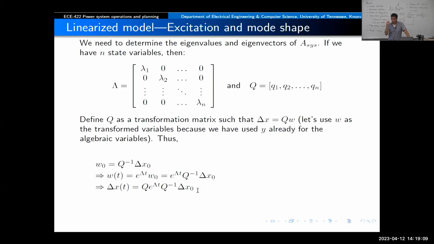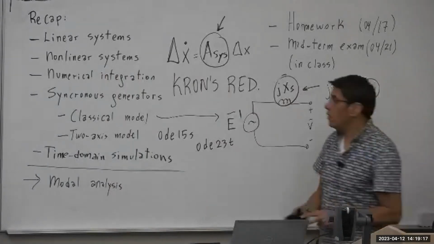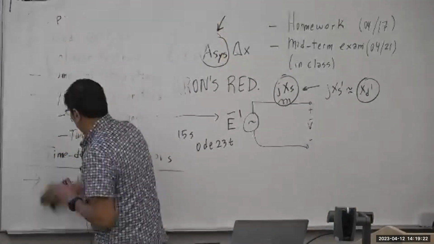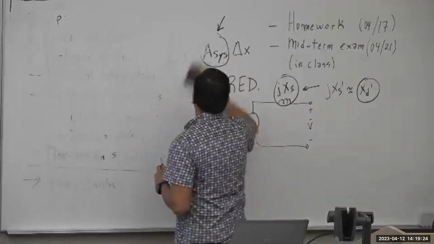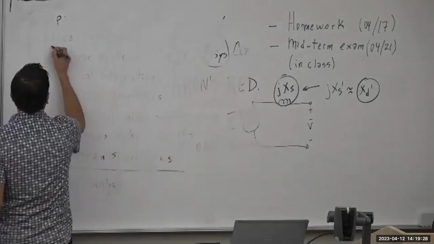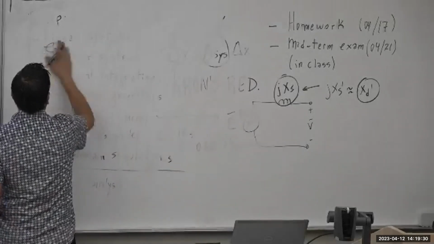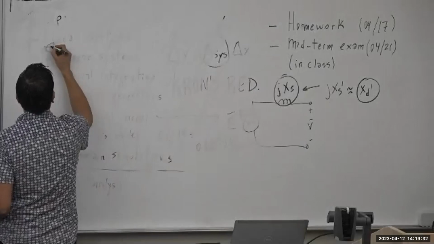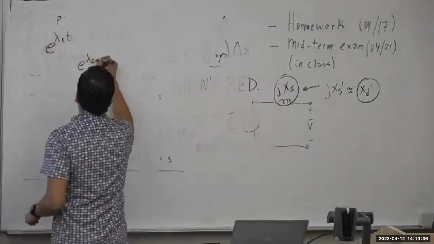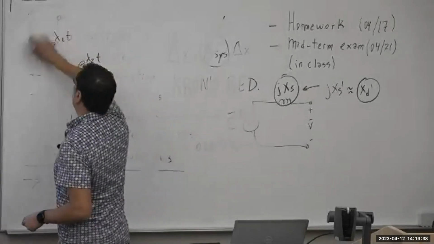It is a component. Let me put it here. So here we will have exponential lambda 1 t, exponential lambda 2 t. Let's make it with 2.